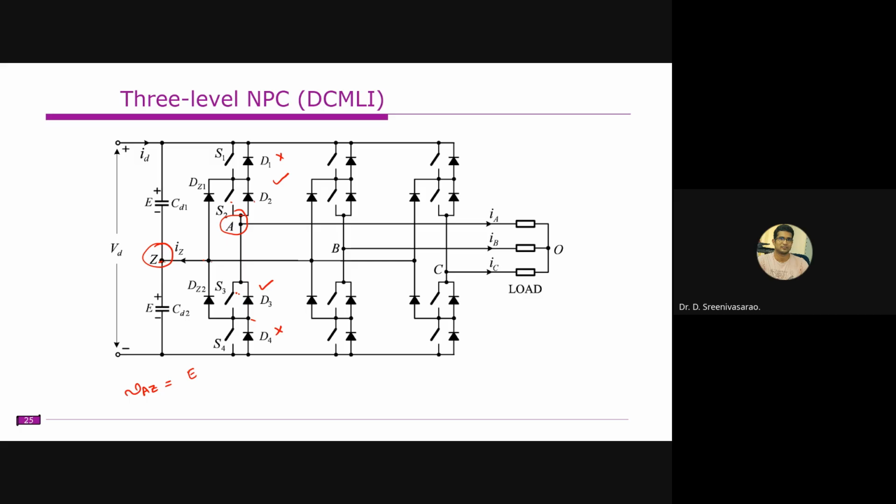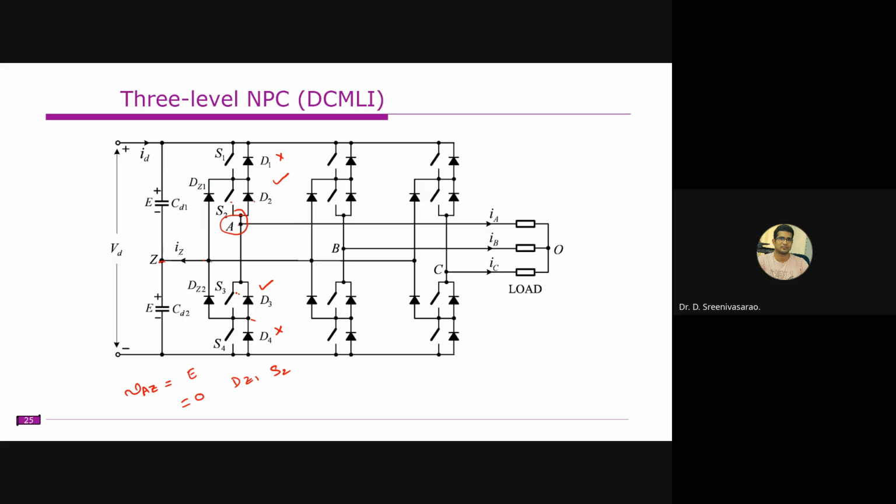Here we have only one path, depending on the current direction. Let us assume the current is flowing in this direction, leaving from this neutral point like this. That means between A and Z you get zero voltage, with DZ1 and S2 conducting.